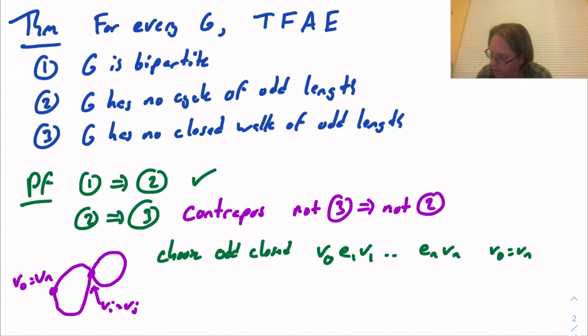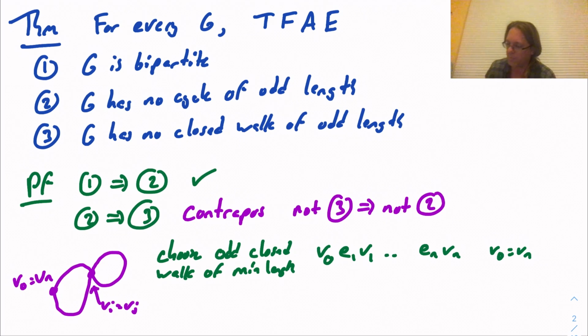Let me just write it all here. I'm sorry my writing isn't a little bit better, but what I'm going to do is choose again a closed walk of odd length that's as short as possible.